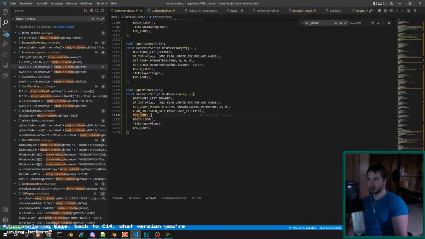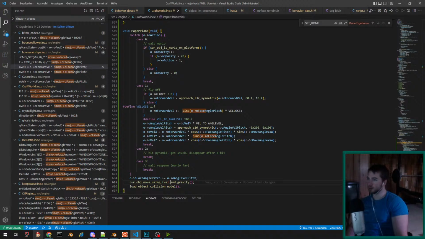Do we set a gravity on this? I think we do. I think that's what's gonna tip it over.